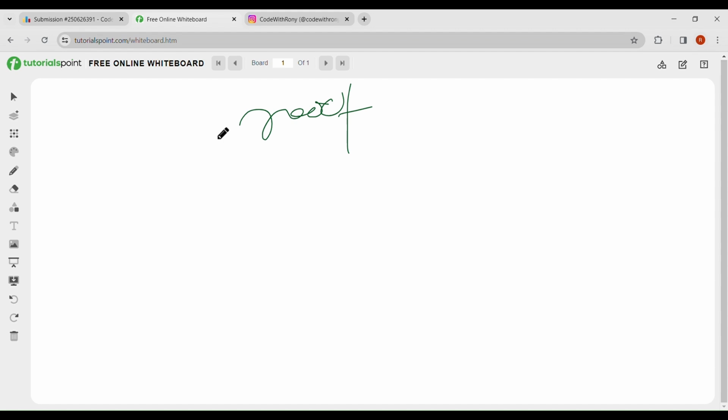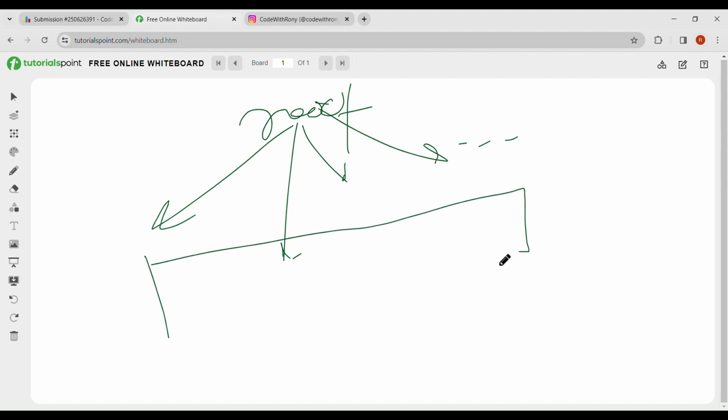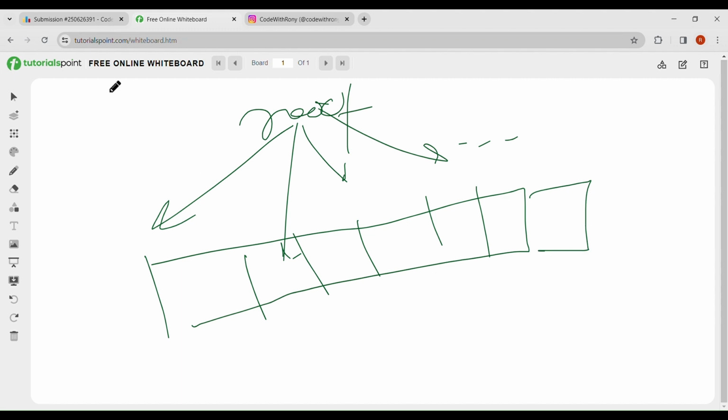So I created up to 10 children. Suppose at the first position, like we previously calculated, one should come at the third position.